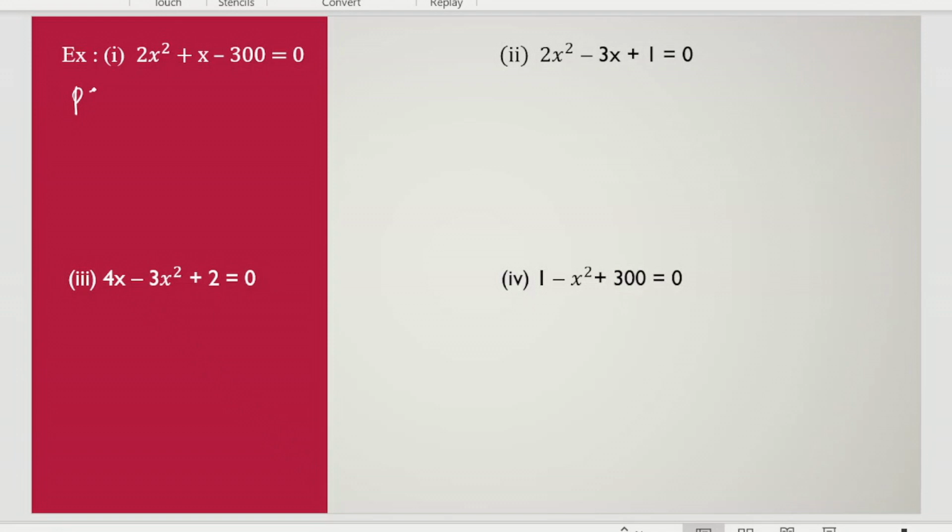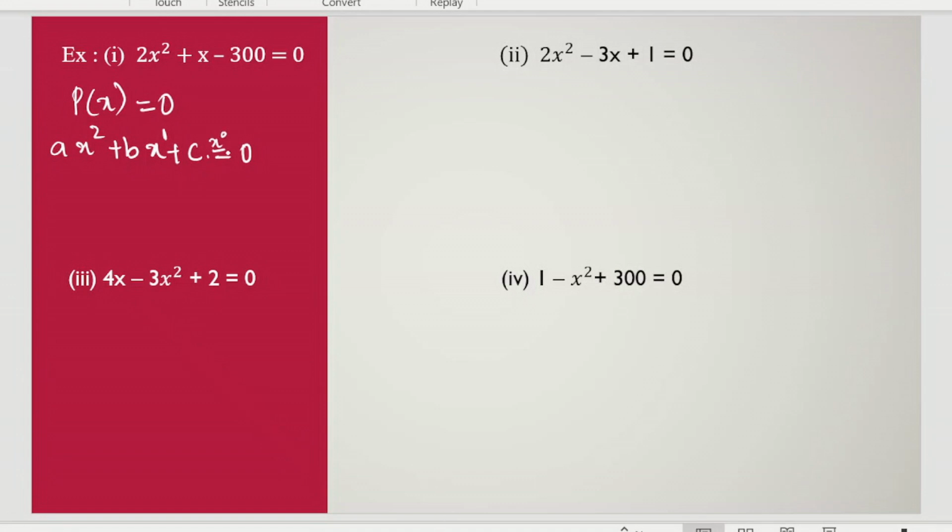An equation which is in the form of p of x is equals to 0 is said to be a quadratic equation. The general form is ax square plus bx plus c is equals to 0, so the powers should be in descending order: ax square, bx to the power 1, and for c you have x power 0.